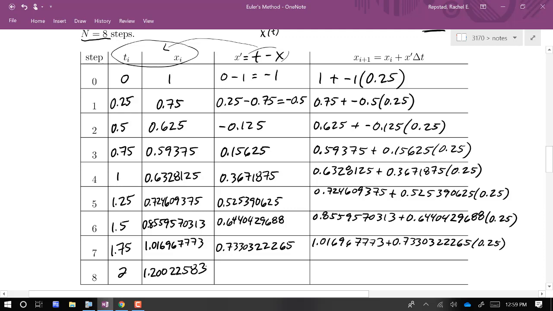And once we find the value of x that goes along with our last step, when they told us to use n equals 8 steps, that's when we stop.